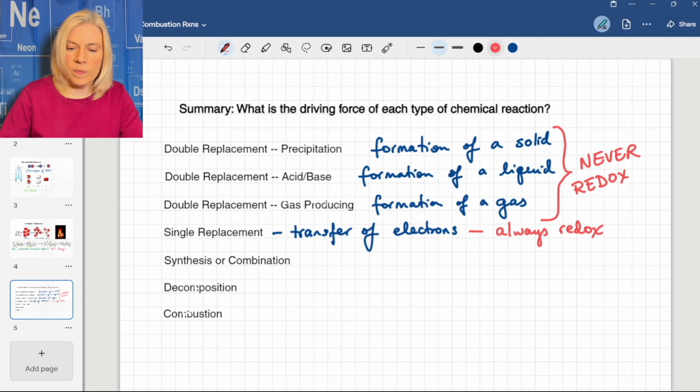That's why they happen. Okay, synthesis or combination reactions, and also decomposition. We can put them all in the same bunch. Synthesis and combination, these guys, it's also transfer of electrons.